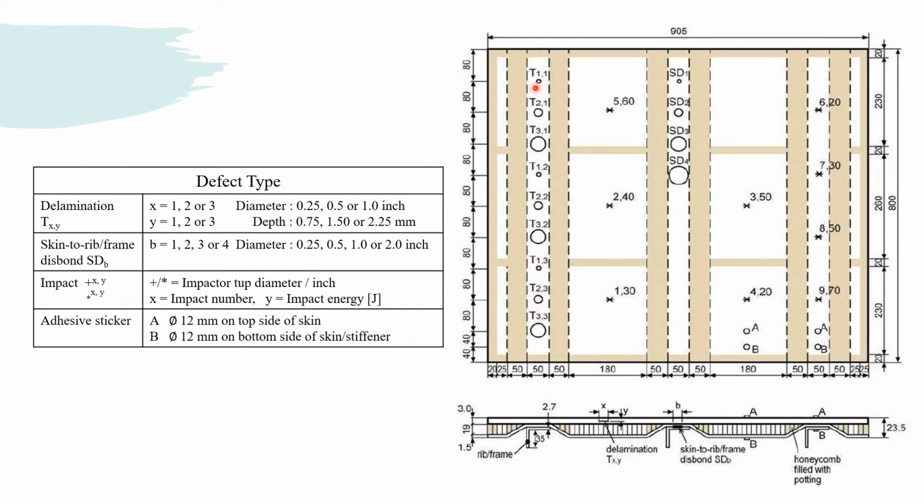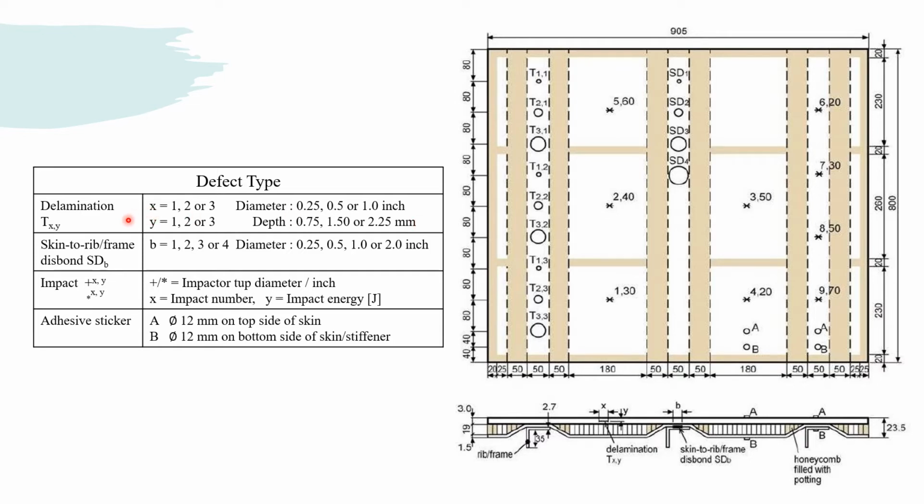For T, X and Y, this is the delamination, denoted by T, X and Y. X means 1, 2 or 3, which is a diameter of 0.25, 0.5 and 1 inch respectively. And for Y, 1, 2 or 3, the depth is 0.75, 1.50 or 2.25 millimeter respectively.